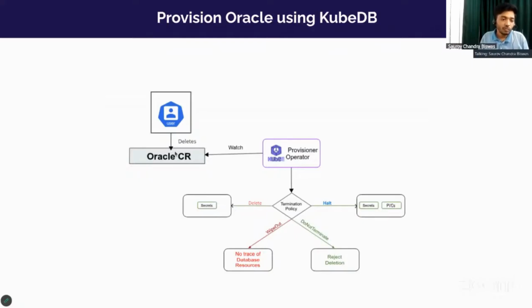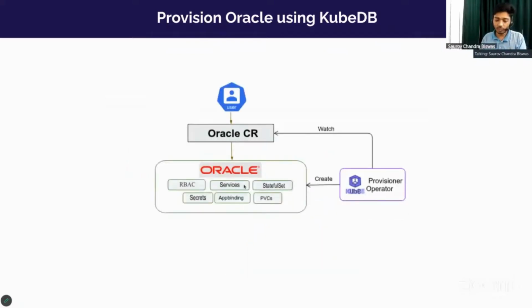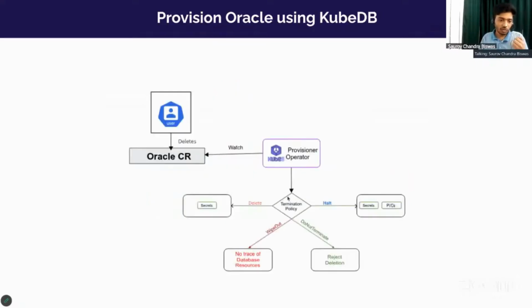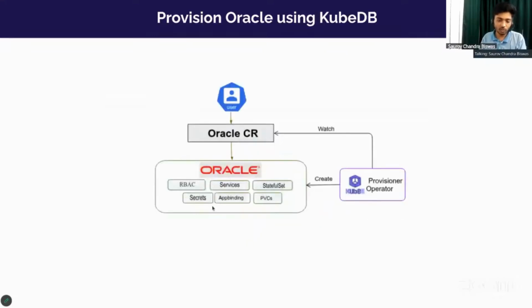Based on the policy that you mention in this CR, we will delete the resources that we created in the previous slide. Based on your selected termination policy, we will delete the databases differently. If you mention the database deletion policy WipeOut, then we will not keep any trace of your database. None of the resources that we created are going to be stored.